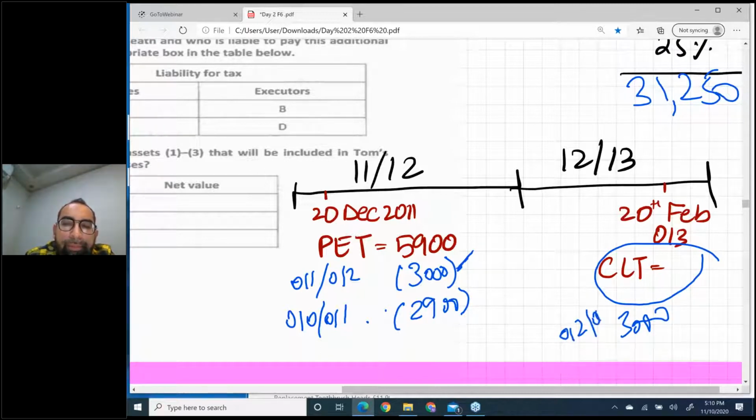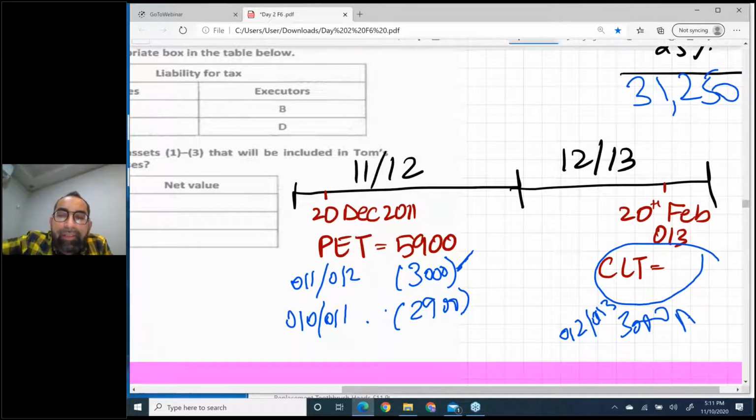That's it, my dear student. For the 12-13 CLT you have only 3000 annual exemption of that fiscal year. Don't think that you have the brought forward annual exemption, because that has already been used in PAT. So your answer is 3000.